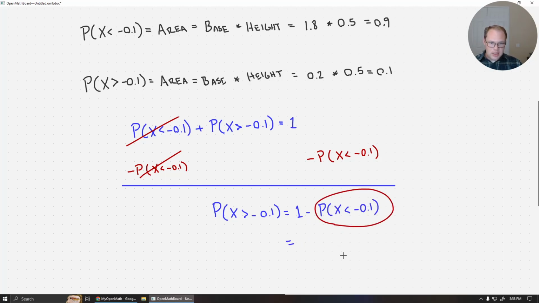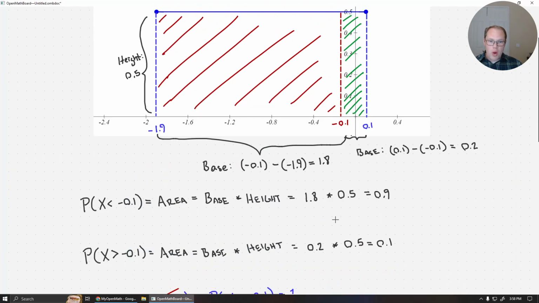And I already calculated this in step 1. That's 0.9. So this is going to be 1 minus 0.9, or 0.1. So that's another way to calculate the same probability. We just had to recognize that these two together fill the whole space. And so when you add them together, the probability has to be 1. Okay?